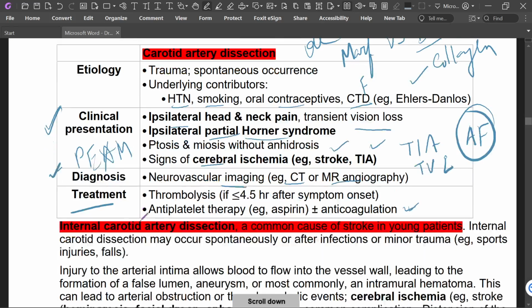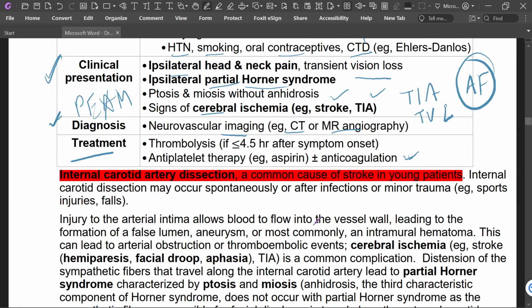Internal carotid artery dissection is a common cause of stroke in young patients. Internal carotid artery dissection may occur spontaneously or after infection or minor trauma.